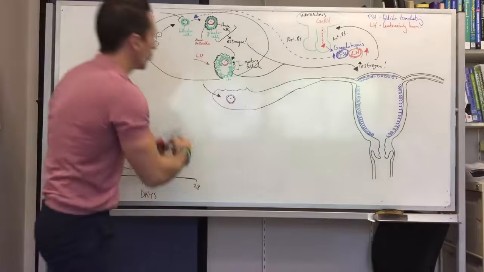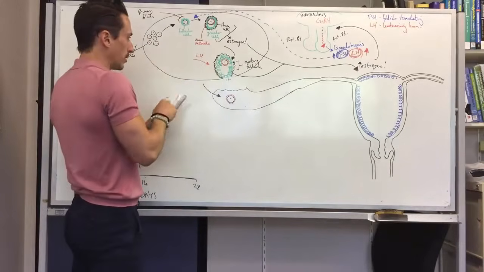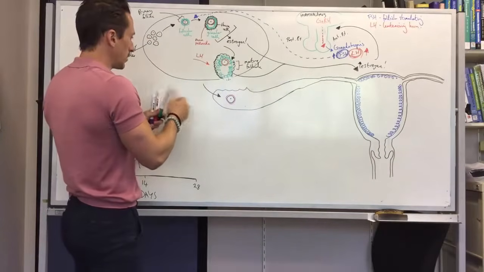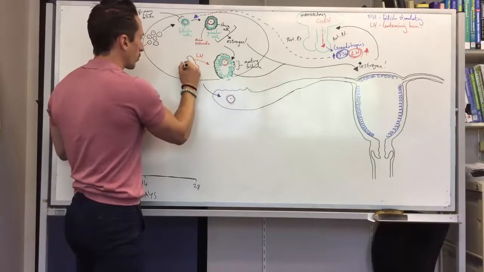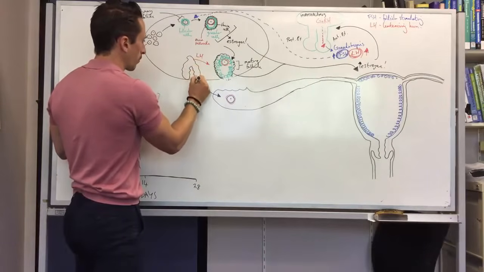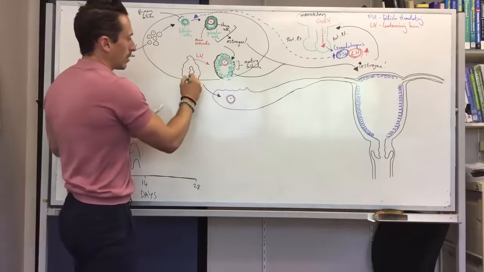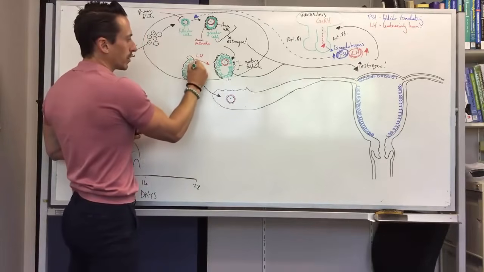And what's remaining? Well, the granulosa and theca cells. So what you end up having is a remnant group of cells that look like that.